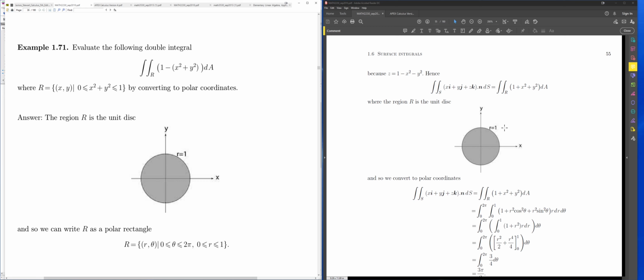So you need to express this disk as a polar rectangle, because these will form the limits of integration when you integrate with respect to r and theta. So for the integral with respect to r, your limits would be 0 and 1, which come from the description as a polar rectangle. The limits for theta come from theta lying between 0 and 2 pi here. So now I have my limits of integration for r and theta.